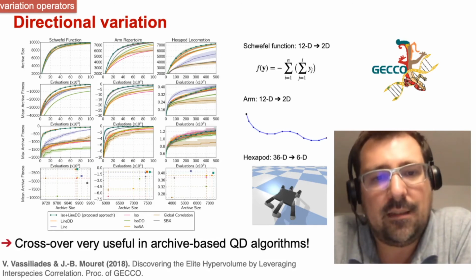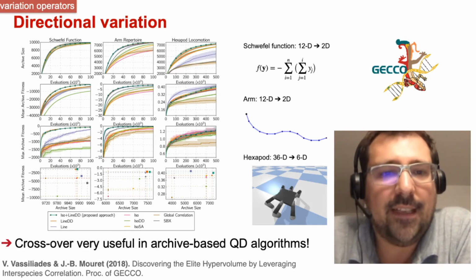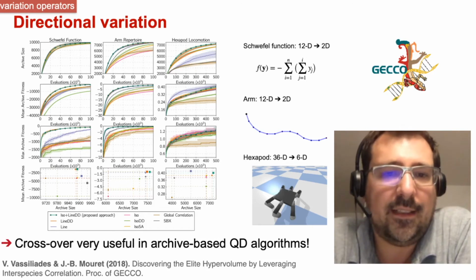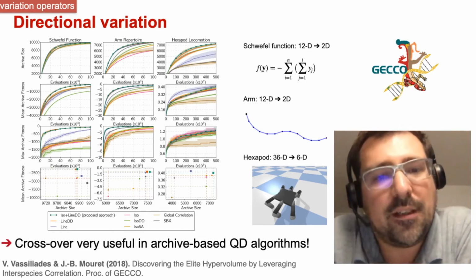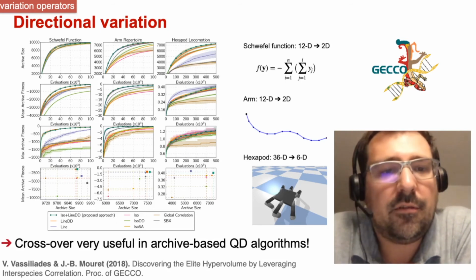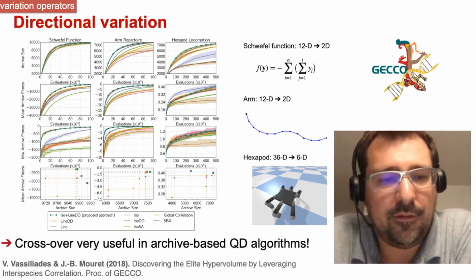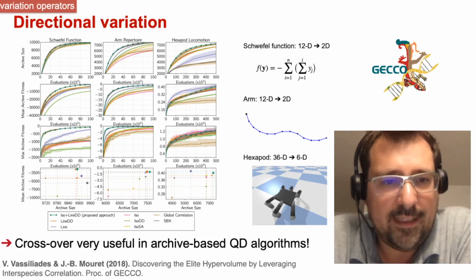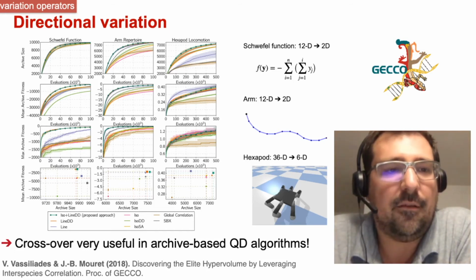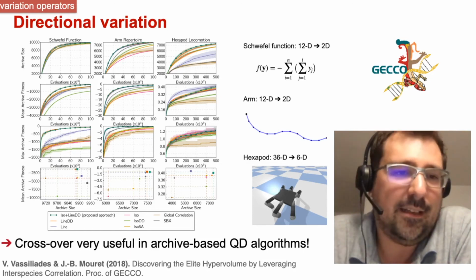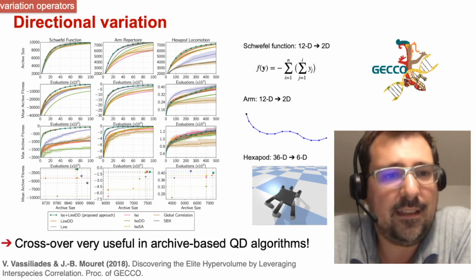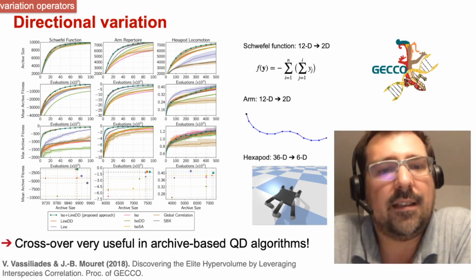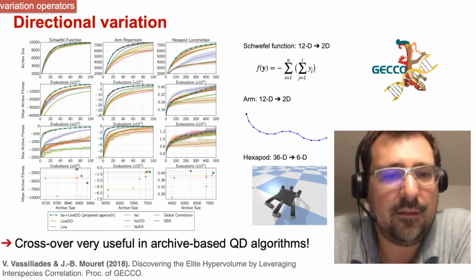One of the reasons is that we make the archive so that we have a good diversity, and then we try to model this, or not to model, but at least to create this elite hypervolume. To me, that's very surprising because I never really believed in crossover, and we don't use it in evolutionary strategies, and still here, in that specific case of quality diversity algorithms, it seems to be very, very useful.